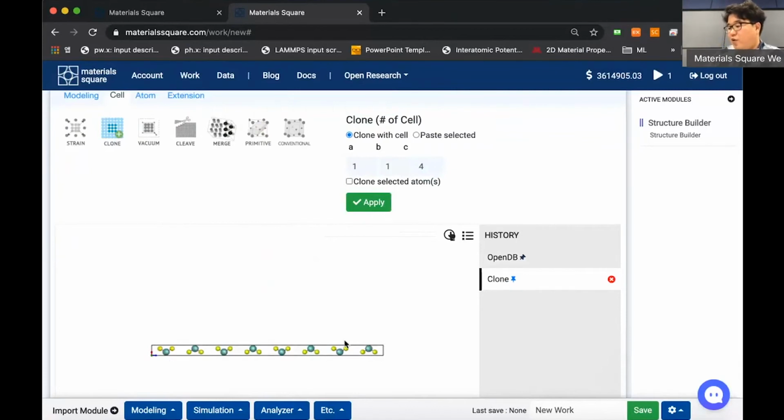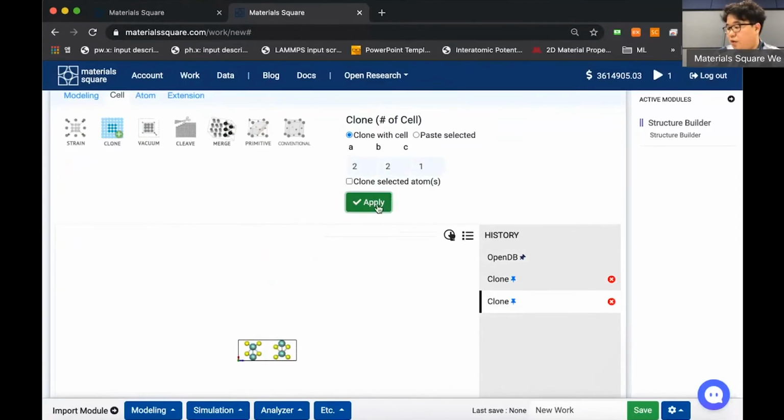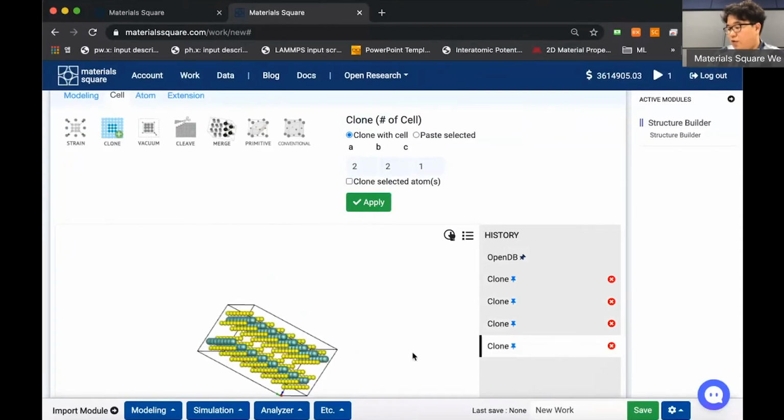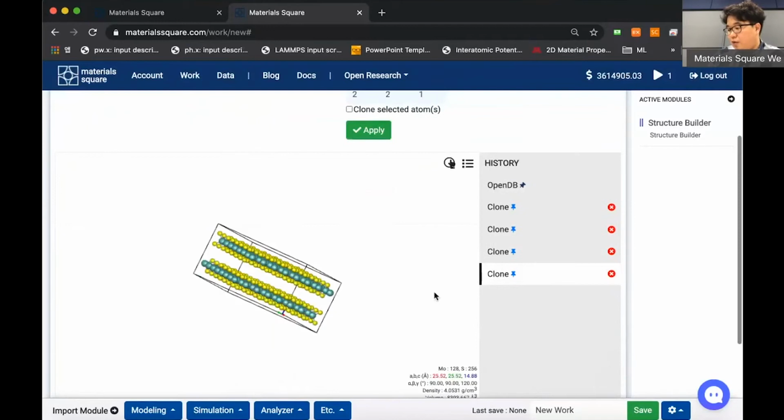An 8-layer MoS2 is generated, but I don't want more layers. I want to show this structure exactly, so I want to change this direction. And 3 times. Actually, this is the MoS2 structure here.